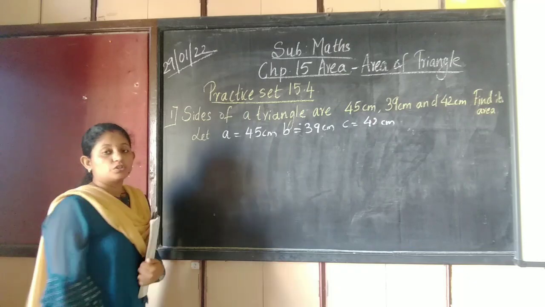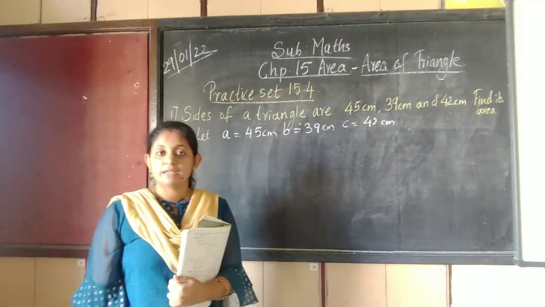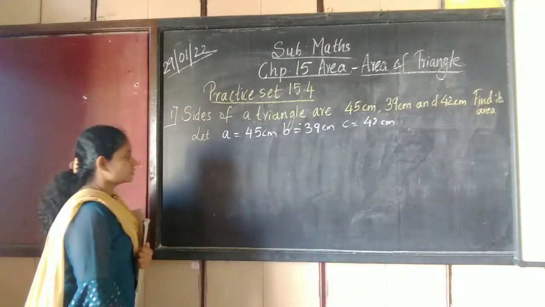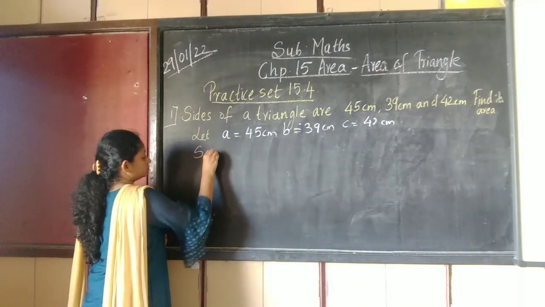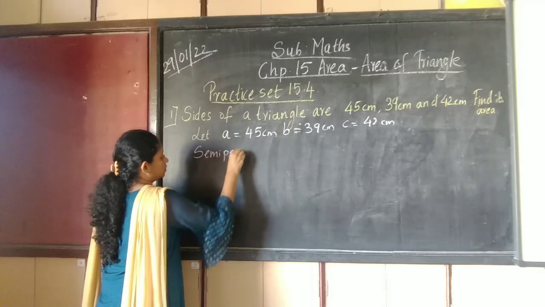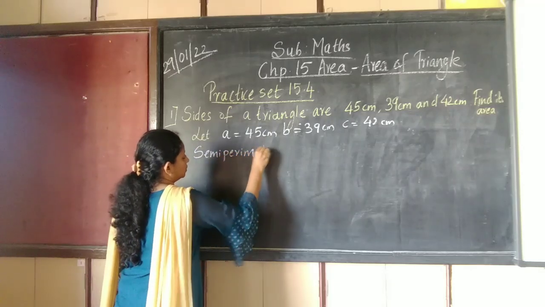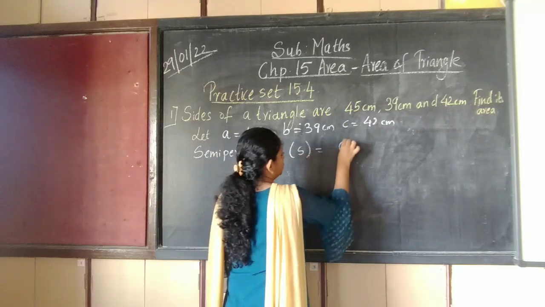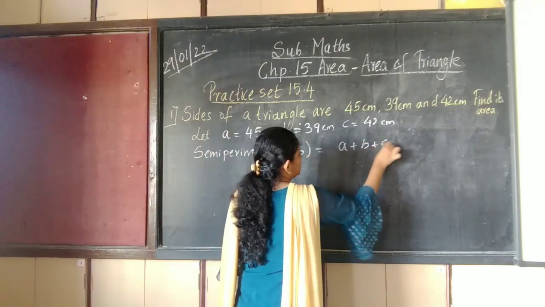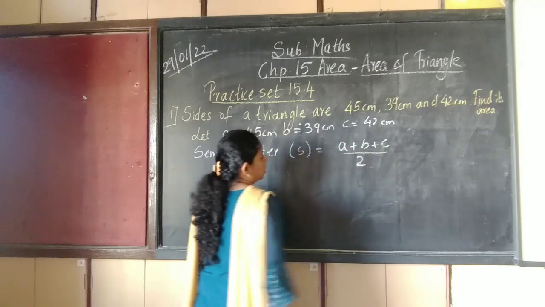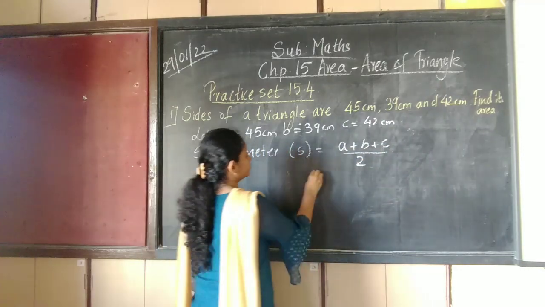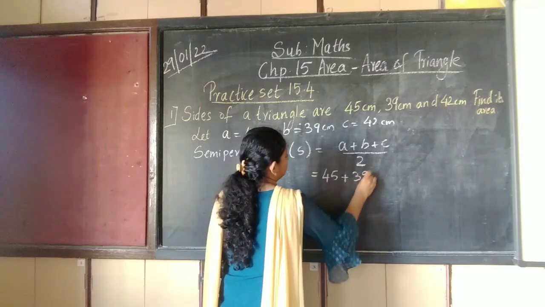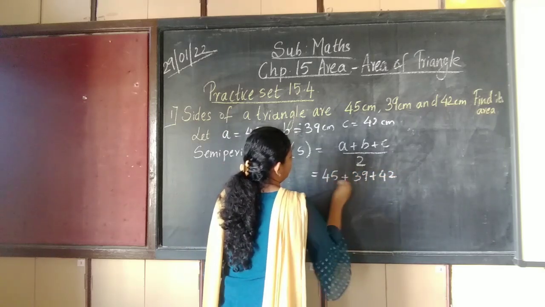To use Heron's formula, what we require is to find the semi-perimeter, that is the value of s. So semi-perimeter, denoted by small s, is equal to a plus b plus c upon 2. That is nothing but 45 plus 39 plus 42 upon 2.